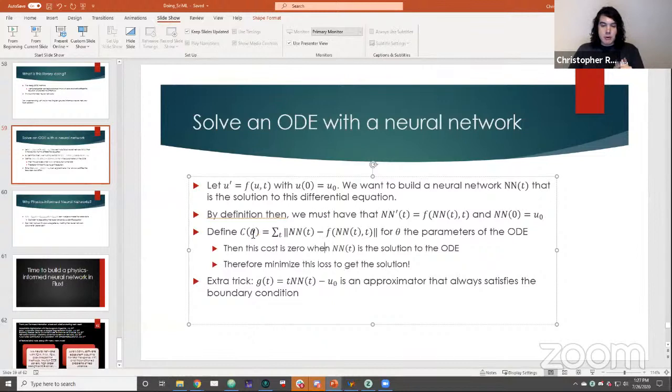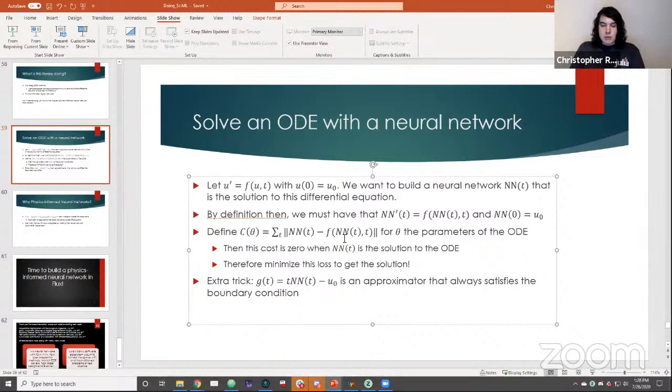And so what we want to do is find the parameters such that this is as close to 0 as possible, right? So when we get close to 0, the neural network will be representative of the solution of the ODE. And so this is just now an optimization problem on a neural network, right? We define this cost function and we minimize this cost function.